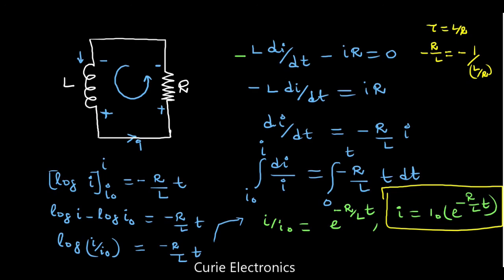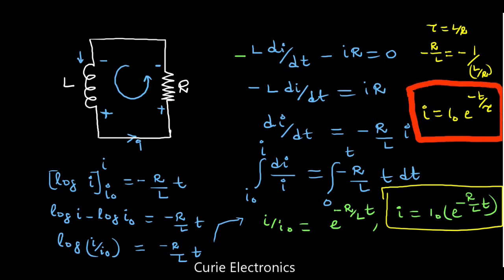Then I'll rewrite this equation using that tau. That is I equals I0 multiplied by e to the power minus t upon tau. This is the simplified equation. This is the equation for the decay of current in an inductor.